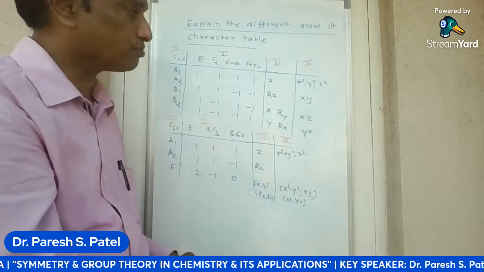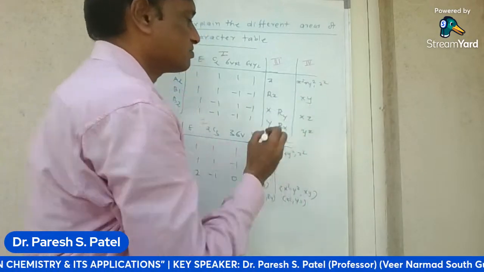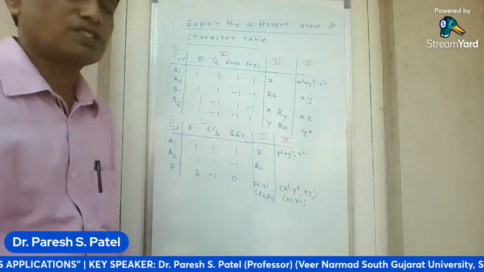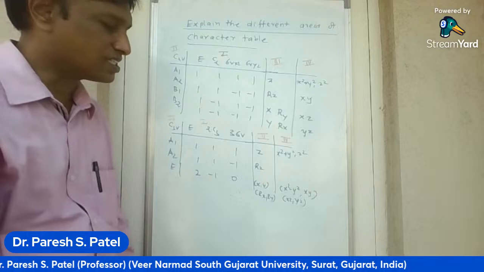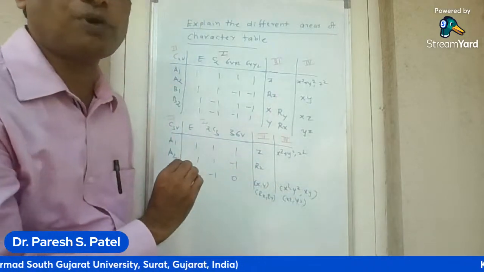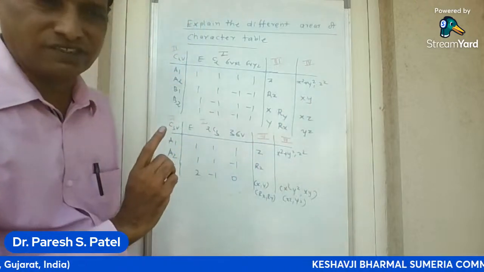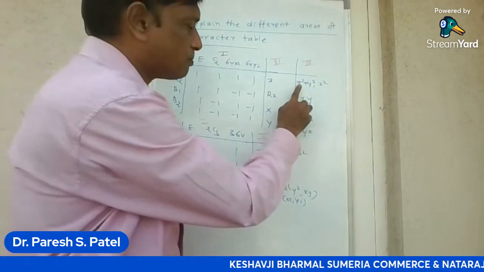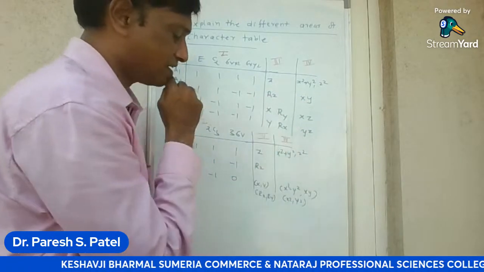Area number 4, so x square plus y square, z square, x square minus y square, xy, xz, yz. These are all the transformation properties, or we can say with respect to d orbitals: dx square minus y square, dz square, dxy, dxz, dyz.